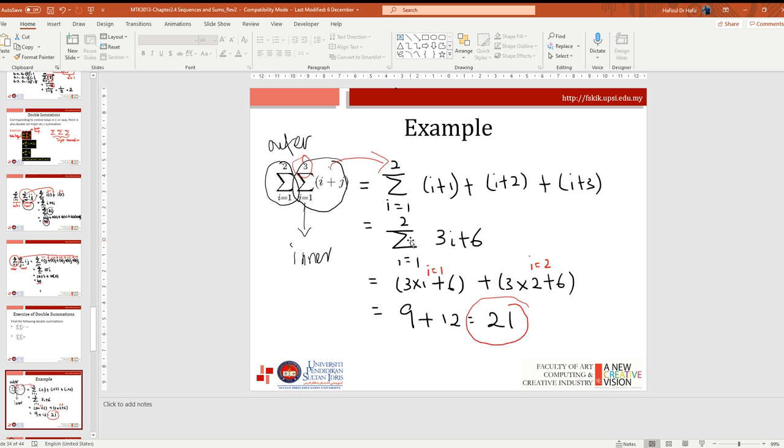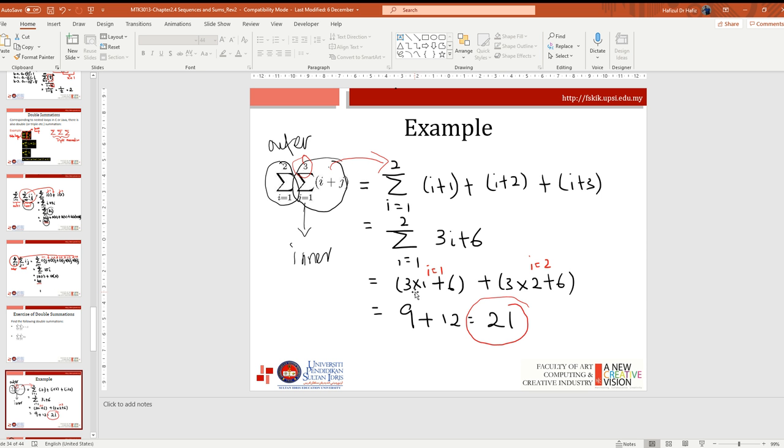And then for the outer, this one supposedly is 3. This one is not 2. Sorry, this one is 3. And then for the outer we have 3i plus 6, with 1 plus 2 plus 3.